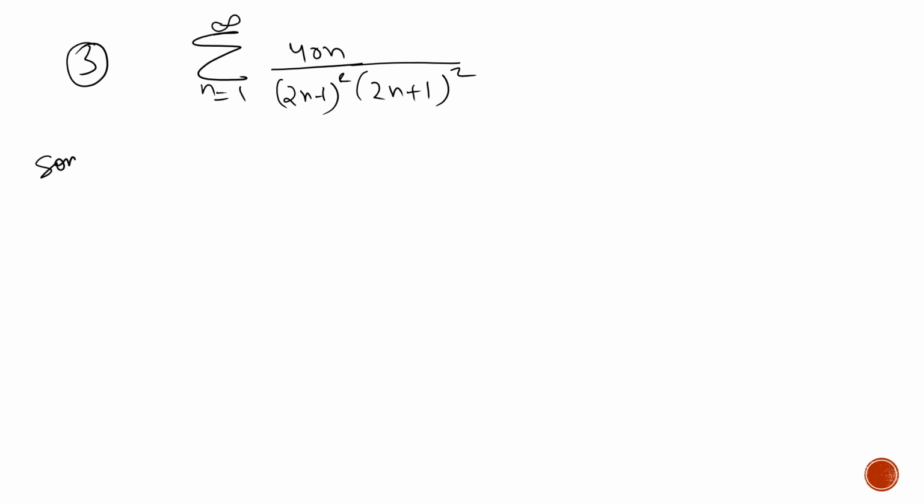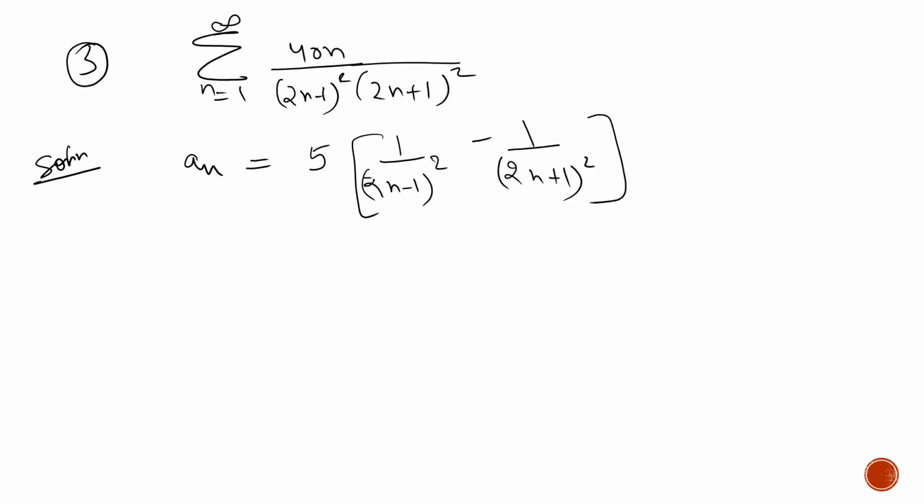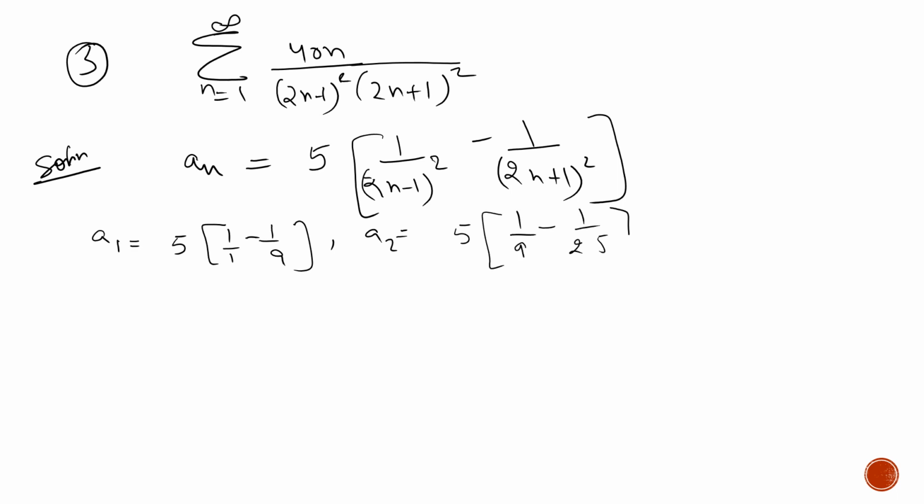First of all, again see that you can write out your nth term as this. My first term I can write as this. My second term will be equal to this, and so on.